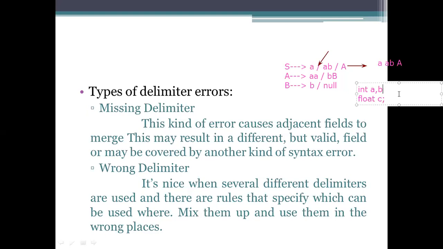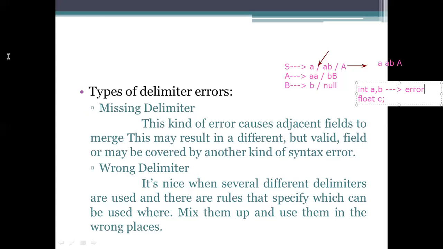We need to provide whether it is being processed or not. In this example, A and B are considered integers and C is considered a float, and we didn't end that statement and started the other statement. So it won't read these values, and it provides an error at this point.